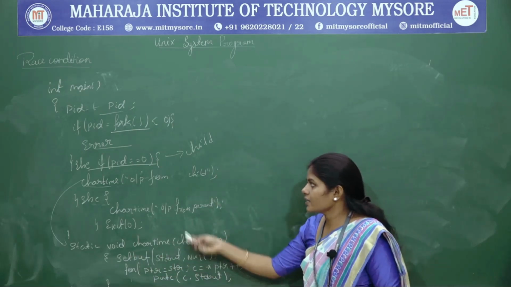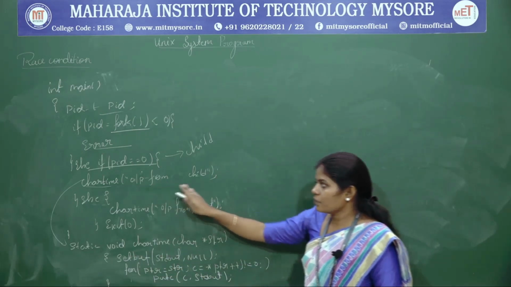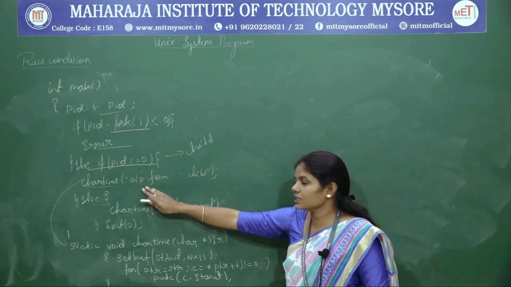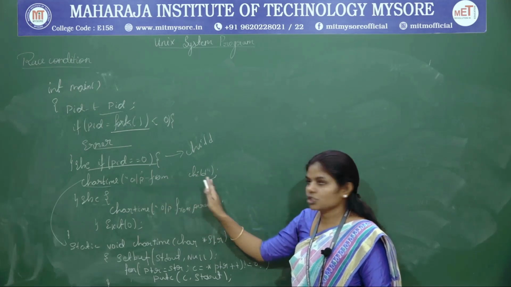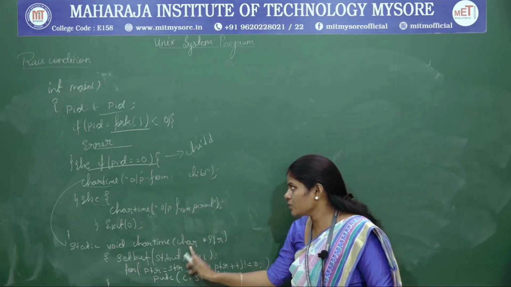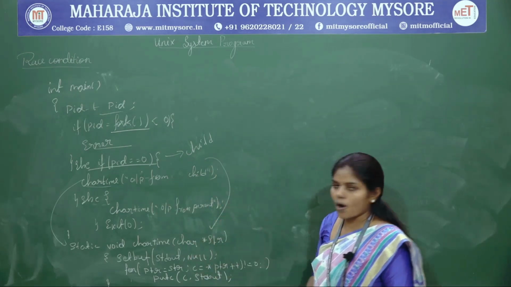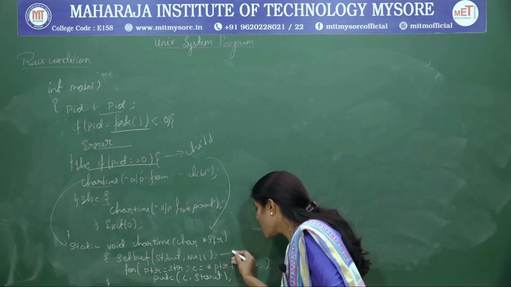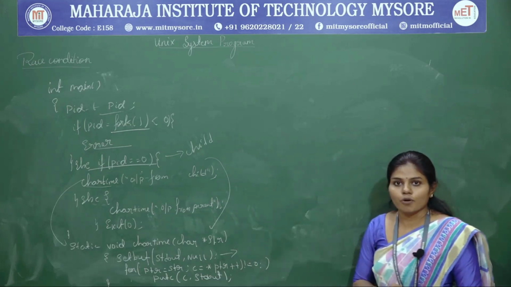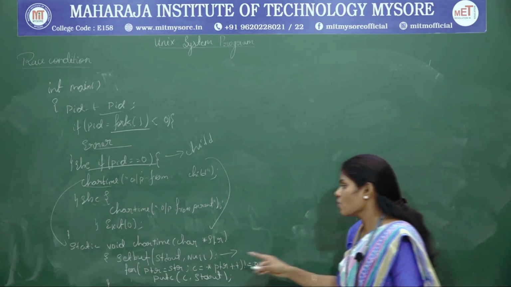In that charatatime, whatever the statement is there is considered as an input. So "output from child" is now taken as an input to the argument, that is str. Now after that I am going to set the buffer. The buffer value is what?